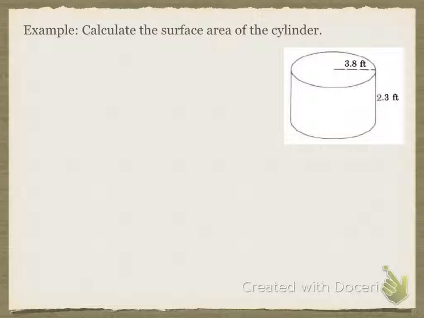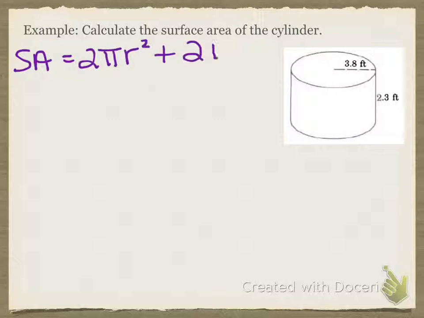The first example is asking us to calculate the surface area of the cylinder. So like we would do in any example, we start by writing the formula. So the surface area equals 2 pi r squared plus 2 pi r h. The next step is to actually fill in the numbers.